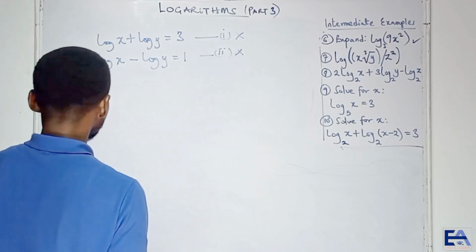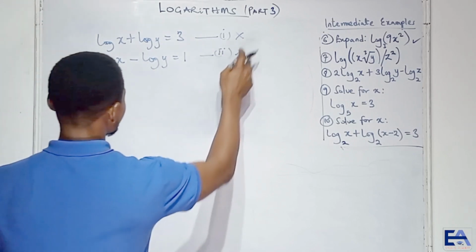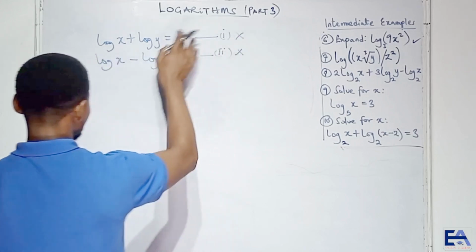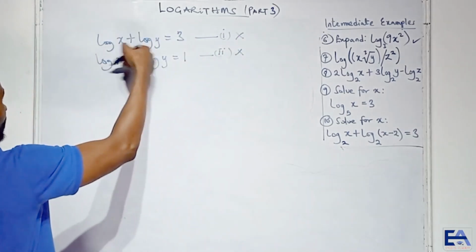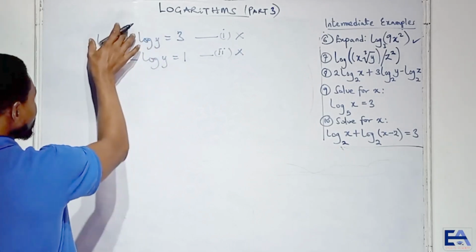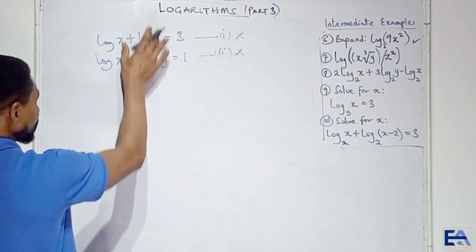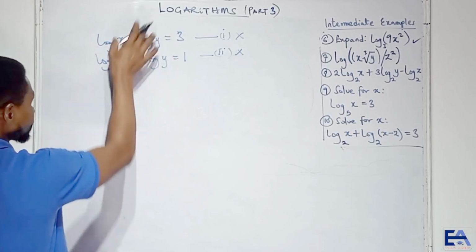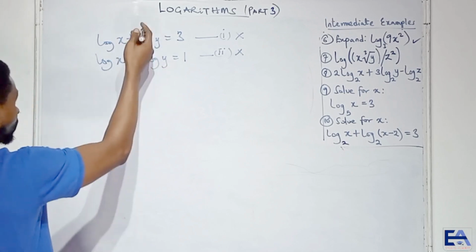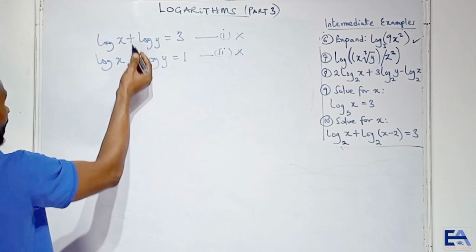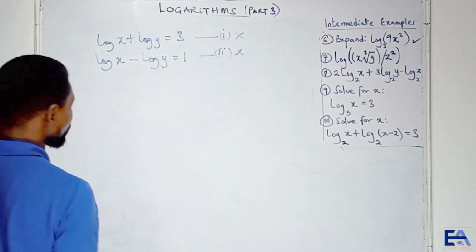My main aim is to eliminate. I may not even have to multiply anything by anything, since the coefficients are already equal, and this is positive and this is negative, so we are just good to go.